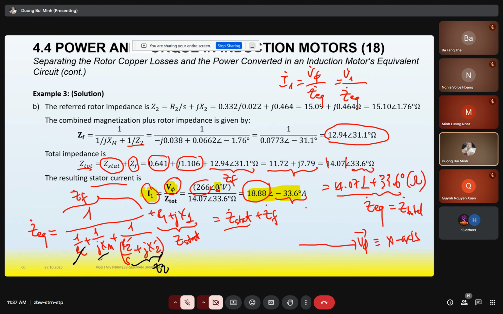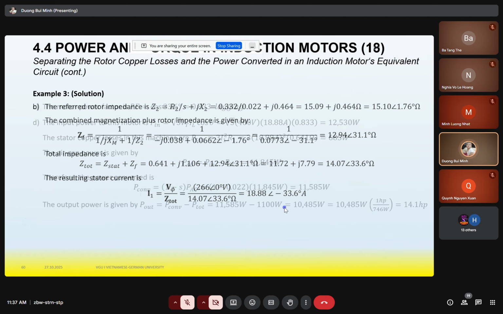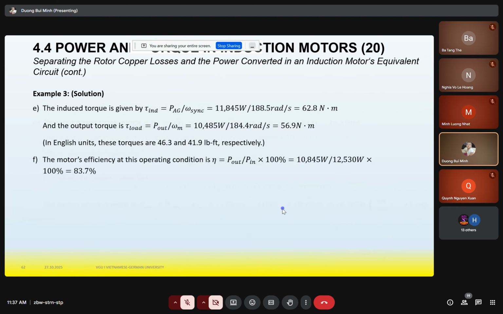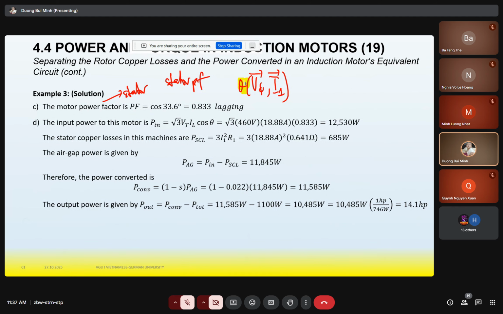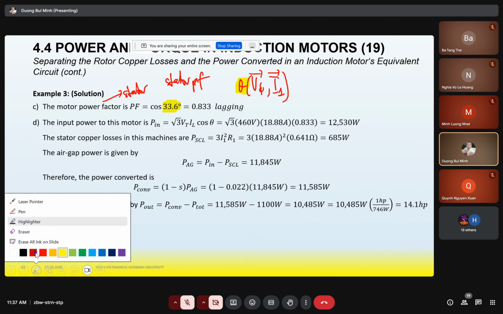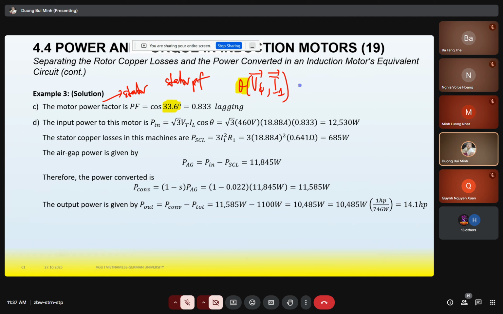V phase has 0 degrees and I1 has minus 33.6, so theta is 33.6. Cosine of 33.6 is 0.833. This is C.